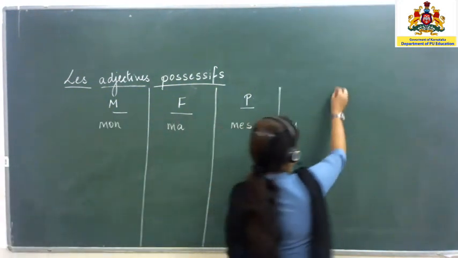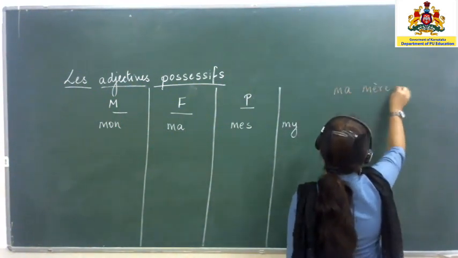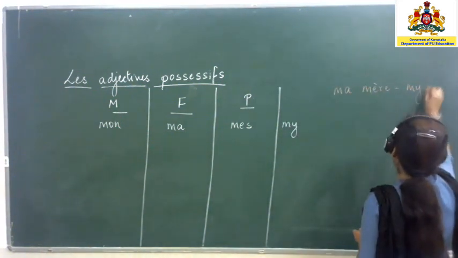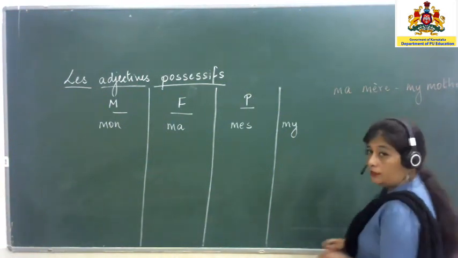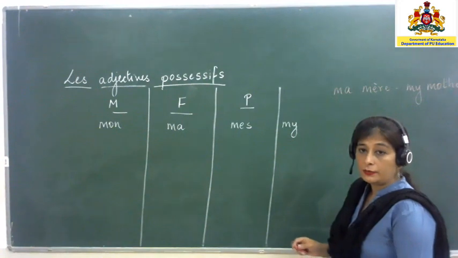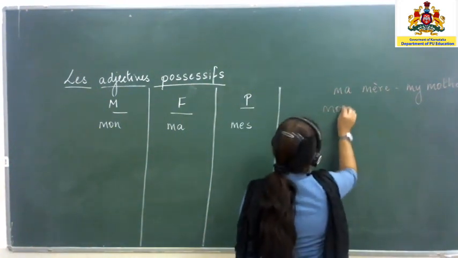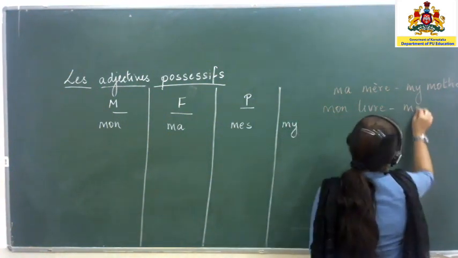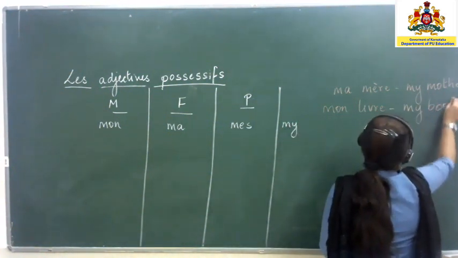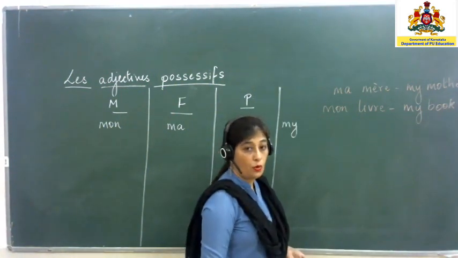It will be ma mère, meaning my mother. If I want to say my book, book is masculine. So it's going to be mon livre, meaning my book. So since book is masculine, it will be M-O-N.